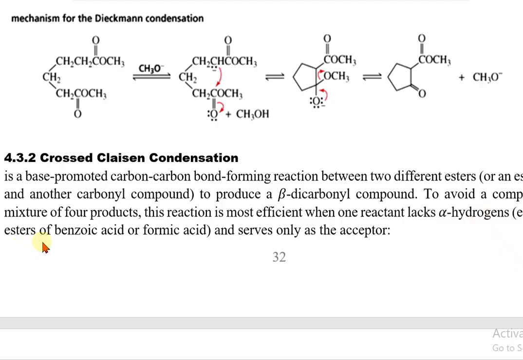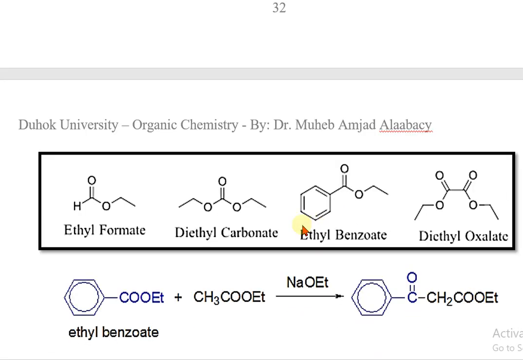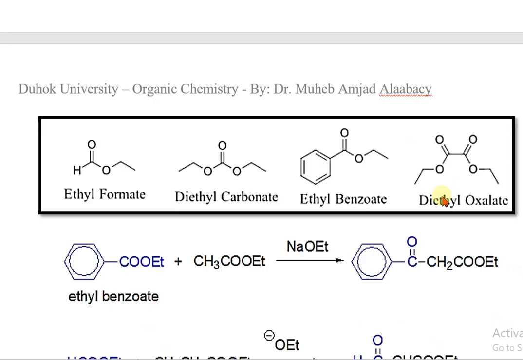An example is the ester of benzoic acid and the ester of formic acid. This ester has no alpha hydrogen.